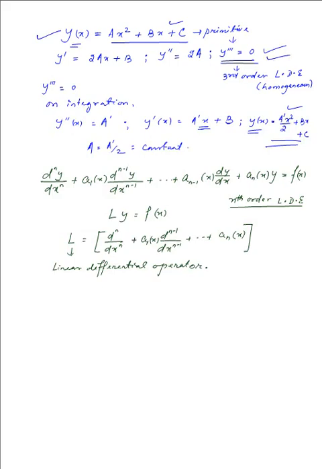Similarly, we can have y equal to u of x, where u of x satisfies the above equation of the nth order. Well, then we say that y is equal to u(x), or u(x) is the solution to the equation.